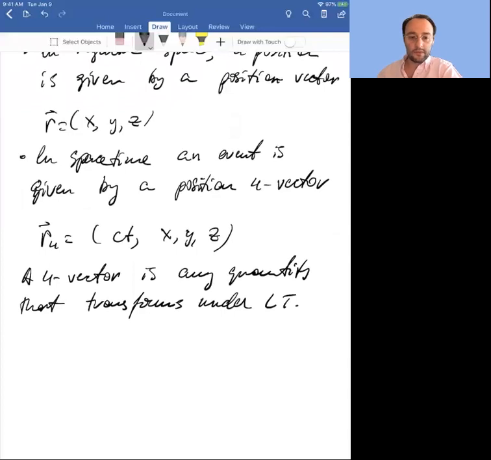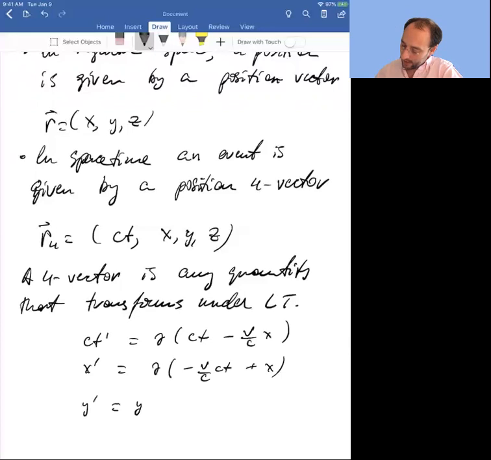So we have CT prime equals gamma (CT minus V over C X). We have X prime equals gamma (minus V over C CT plus X). We have Y prime equals Y and Z prime equals Z.